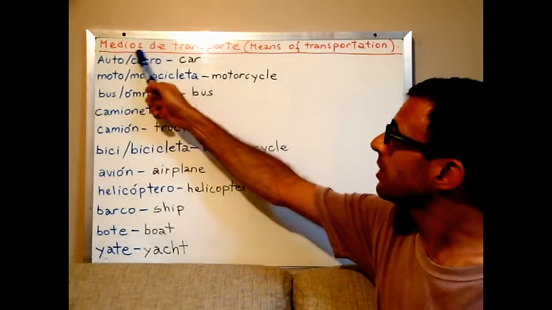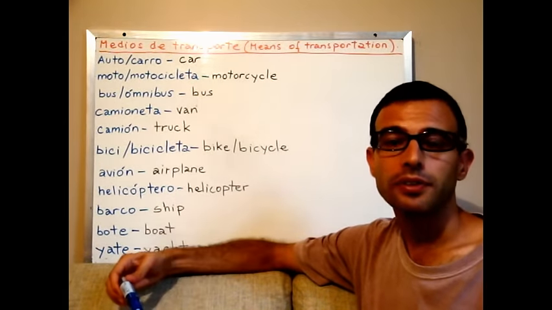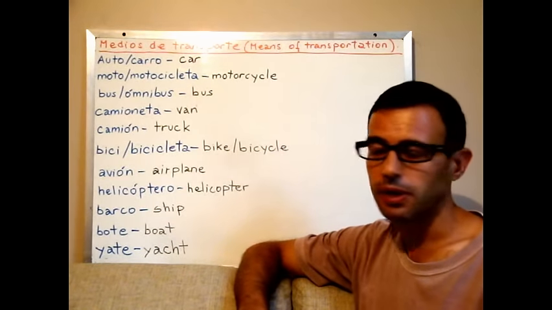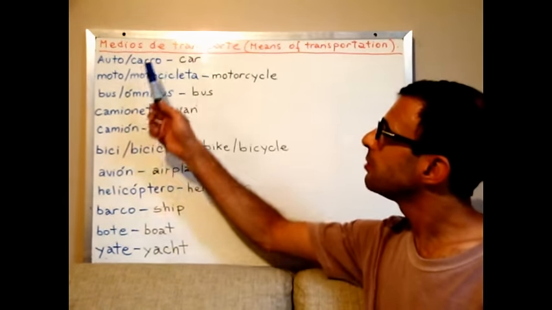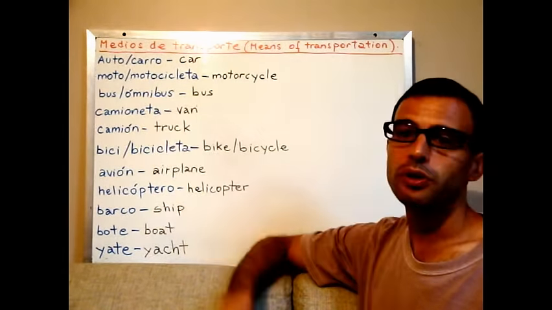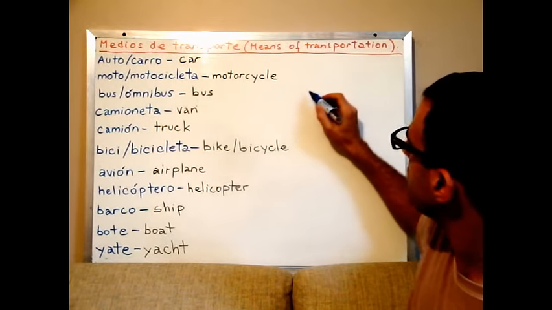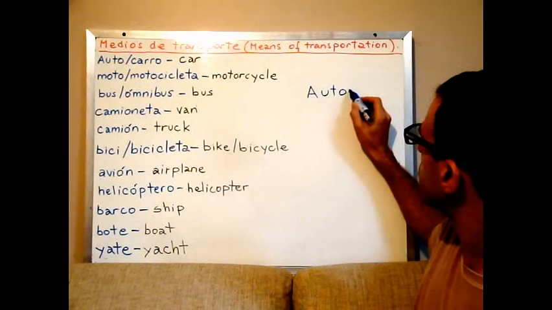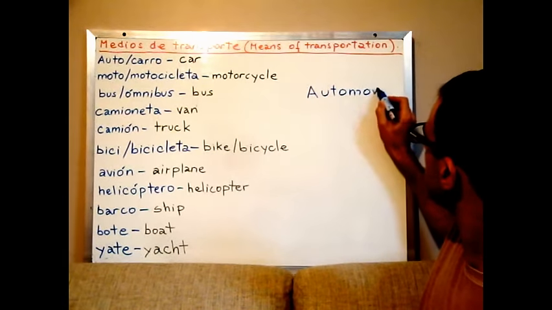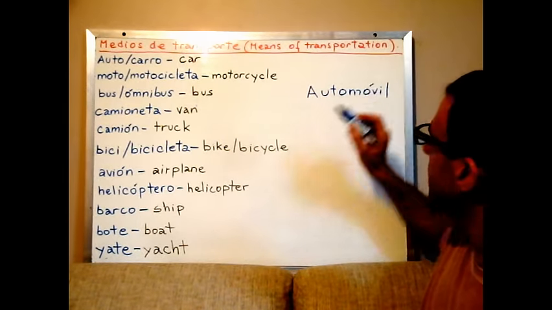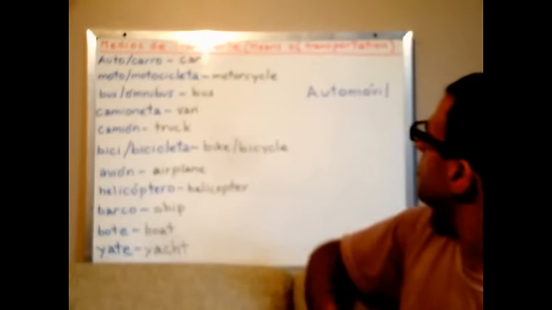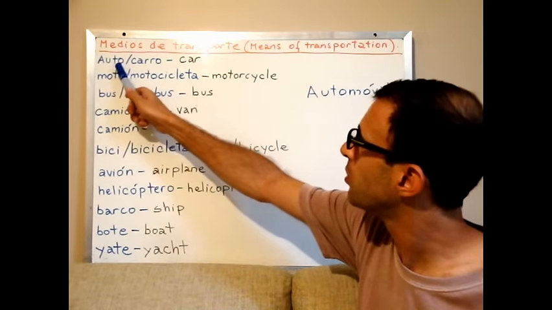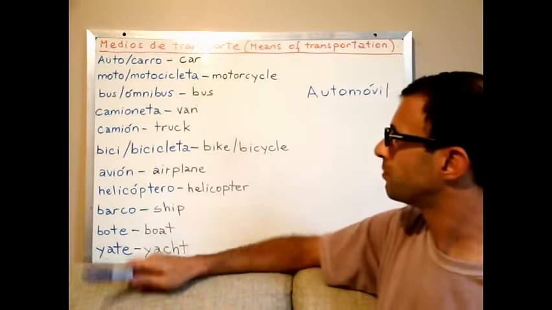Carro actually specifically means a cart, something that is carrying objects, but in many countries, carro is the word used for a car. And the word auto is a short form of automóvil, same as in English, automobile. Automóvil would be the full word for auto.